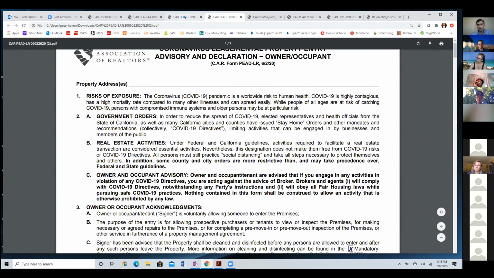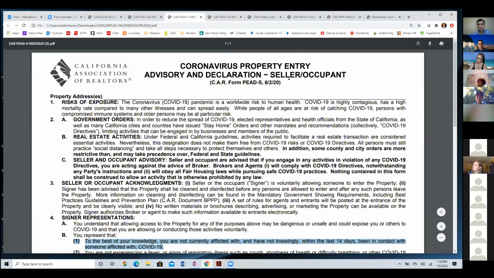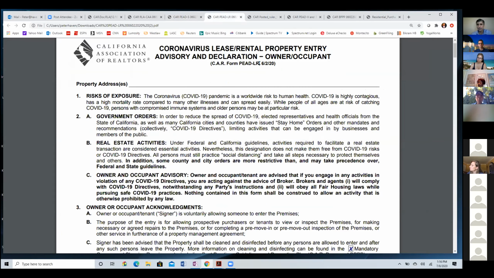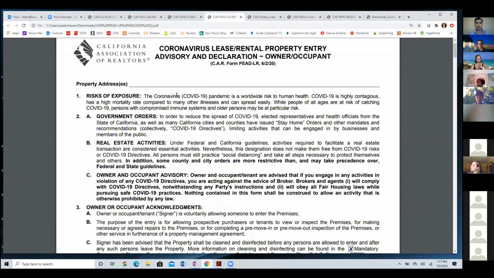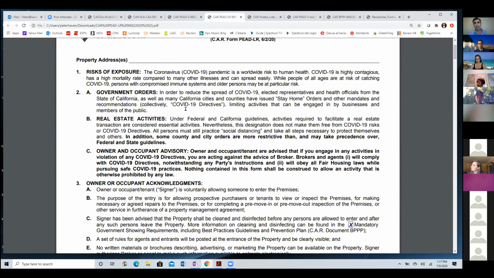So the first form, the PEAD-S, is intended for sellers and adult occupants, and the second form, PEAD-LR, is intended for owners and occupants. And obviously, a seller owner is likely to reside in the property, but a landlord owner is likely not to reside on the property. And so this would be intended for that landlord owner and also any tenants on the property.